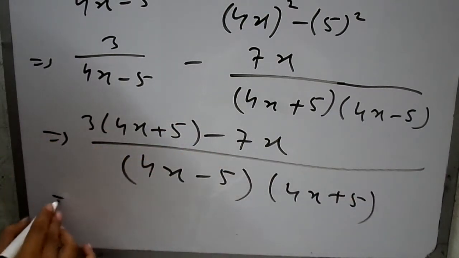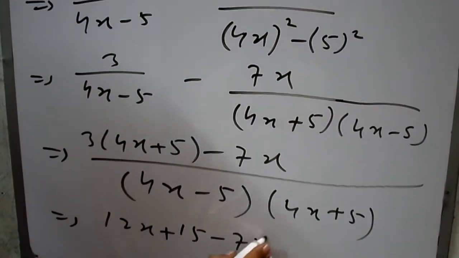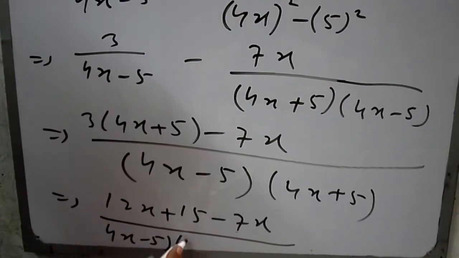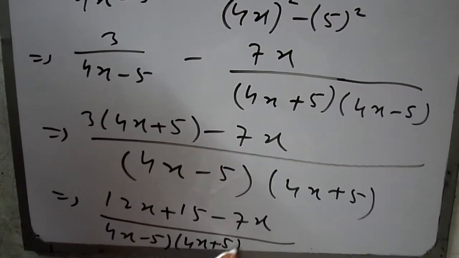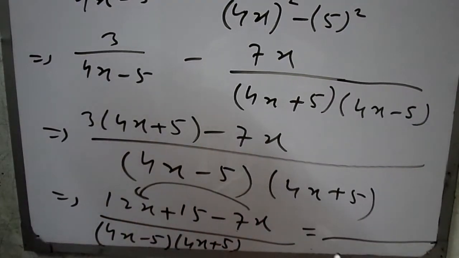So 4 3s are 12x, 15, 7 divided by 4x minus 5 into 4x plus 5. So similar terms will be added and subtracted.